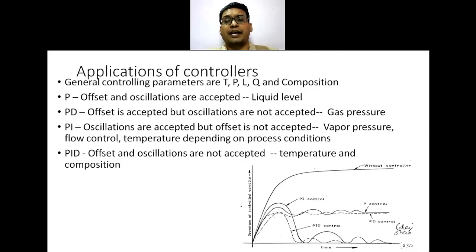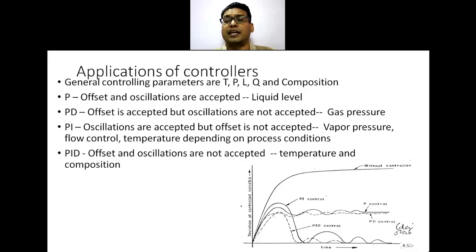Then the PI controller: oscillations are accepted, but the offset is not accepted. So in case of vapor pressure, flow controller, temperature, depending on the process conditions, the PI controller is used. And finally the PID controller, where the offset as well as the oscillations are not accepted.